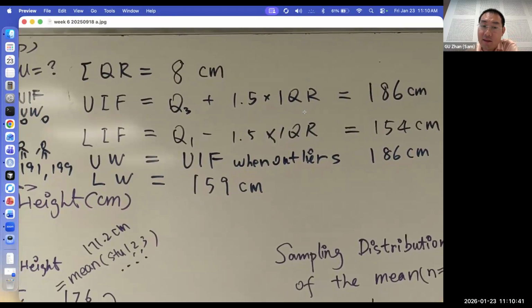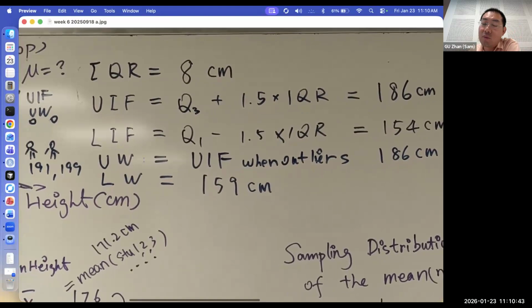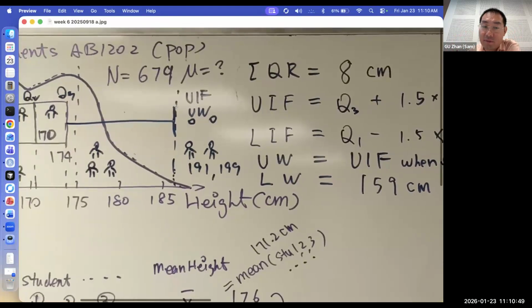When there is an outlier, your upper whisker will be at the same place as the upper inner fence. Then you check how many students are taller than your upper whisker, and you find there are two. So you have two outliers here.